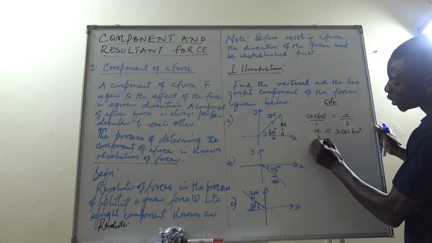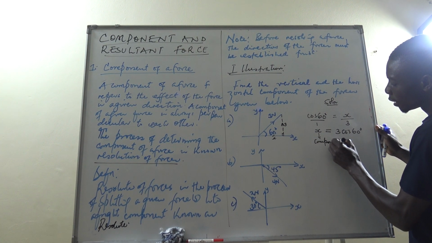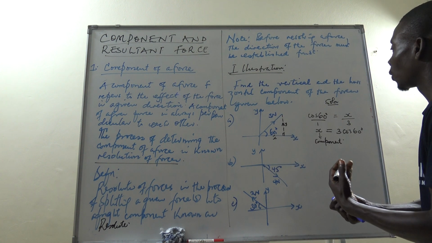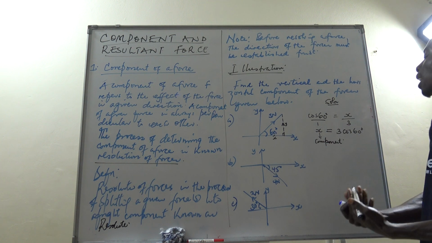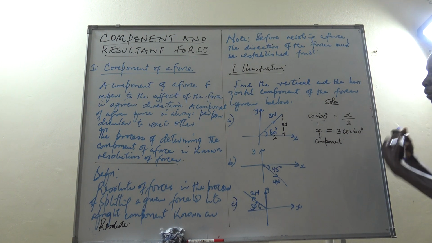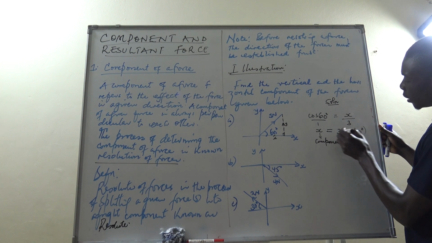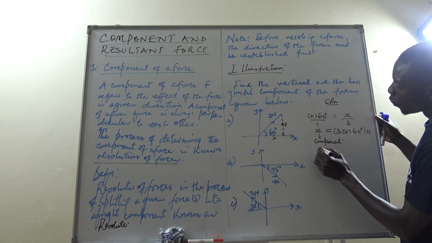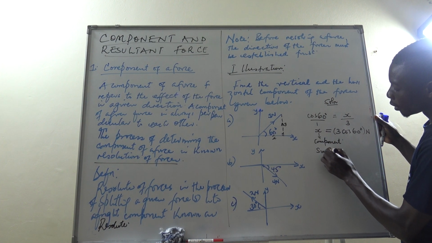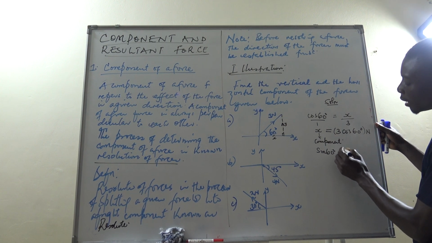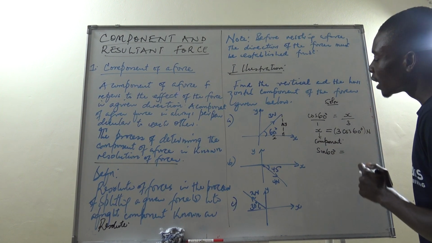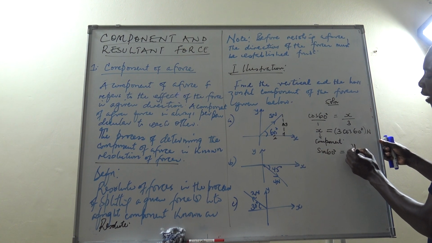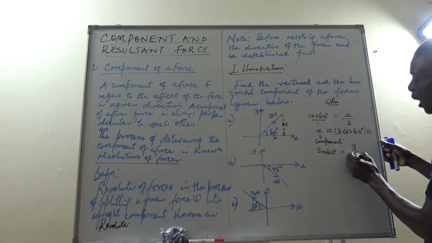And then we can go ahead and also look at what about in y, because they said find the horizontal and the vertical, isn't it? The horizontal is the one in x, and that is 3 cos 60 Newton. And then we can also say, what about if we look at the sine of 60? Sine is supposed to be opposite over hypotenuse. What is the opposite of this triangle here? You realize that it's supposed to be y over the hypotenuse, which is 3.